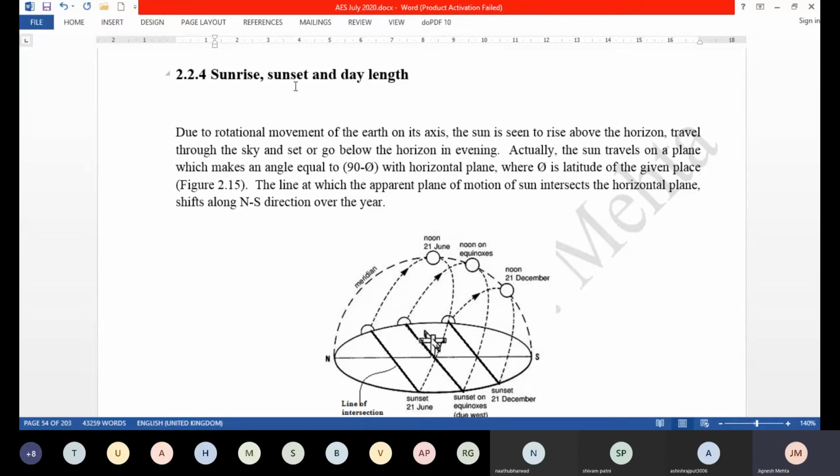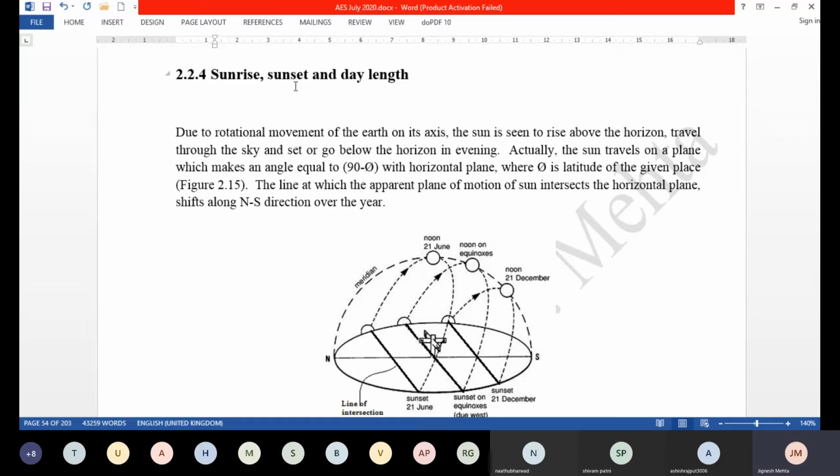Obviously, when the sun rays have to travel a longer path, there is more attenuation, so the intensity reduces, and the direct radiation component percentage might decrease, while the diffuse radiation component might increase. So that is one reason why you get less energy.